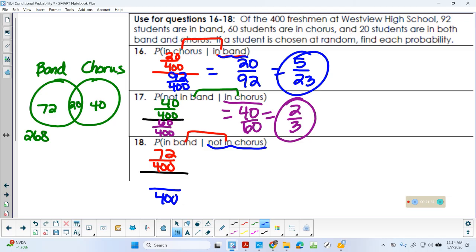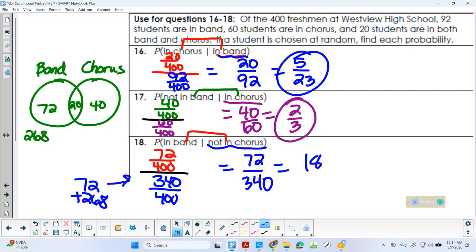You cannot be in the chorus circle. So what are you going to have for the top? I feel like a lot. Because we're going to have the 72 and the 268, which adds up to 340. I'm just going to put a note there. We did 72 plus 268 is how we got it. All right, so you're going to have 72, of course, over 340, which does reduce all the way down to 18 over 85.